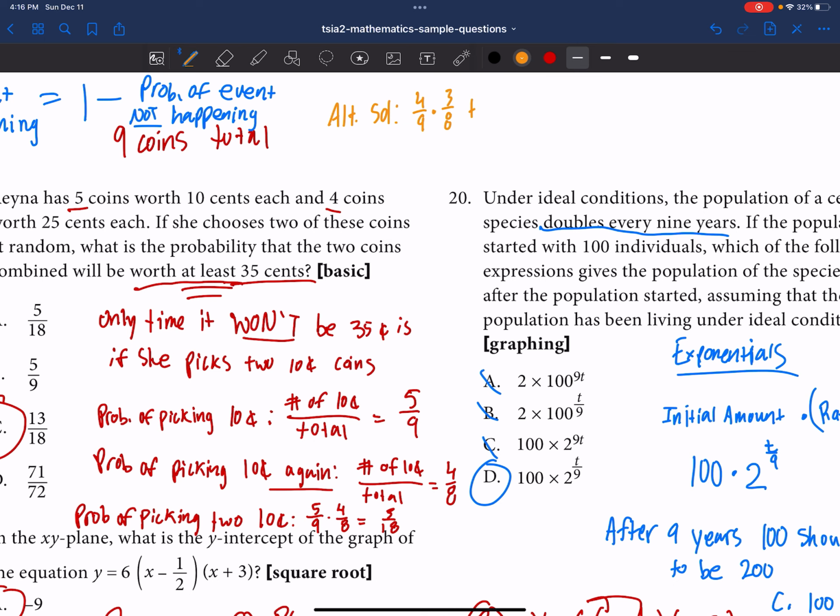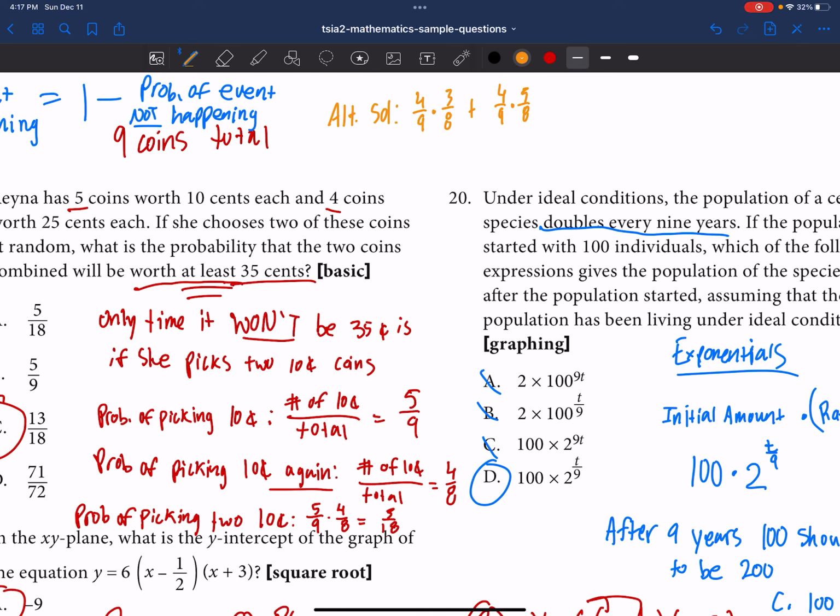And then I could add the event that I pick a quarter times the event that I pick a dime. And so if I pick a quarter, that'd be 4/9 times 5/8.